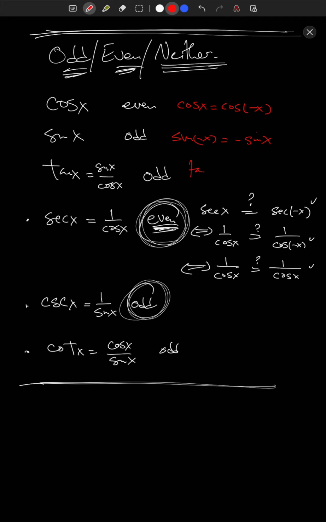Tangent being odd means tangent of negative x equals negative tangent x. Secant being even is the same as secant of x equals secant of negative x. And then cosecant being odd tells me cosecant of minus x is equal to minus cosecant of x. And finally, cotangent being odd tells me cotangent of negative x equals negative cotangent of x.